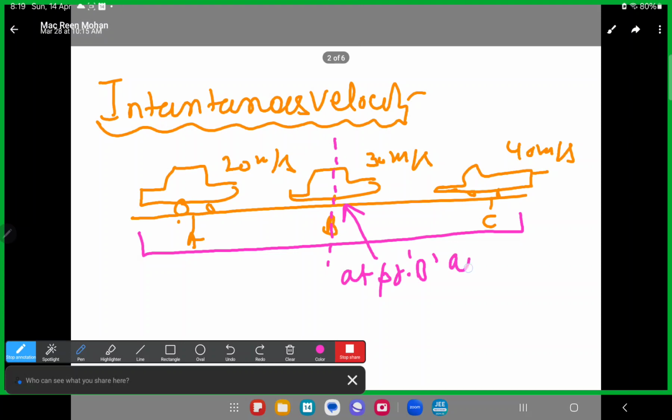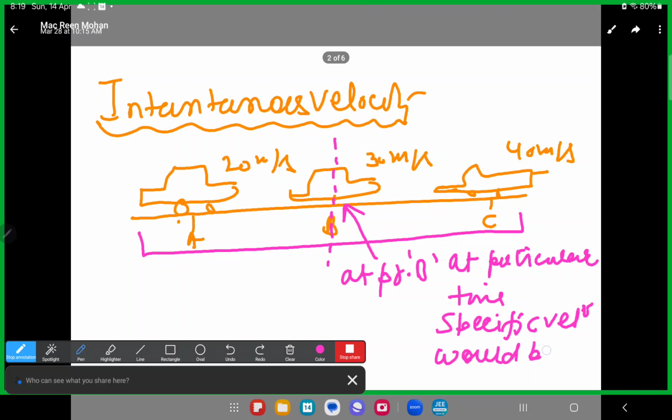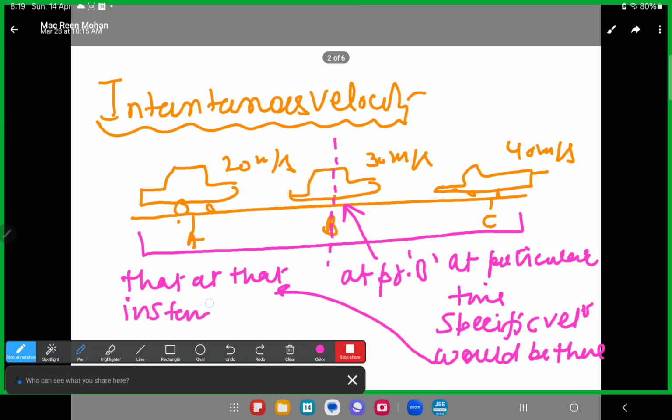So at a particular time, a specific velocity would be there. Fine. So that velocity at that instant is called instantaneous speed or velocity.